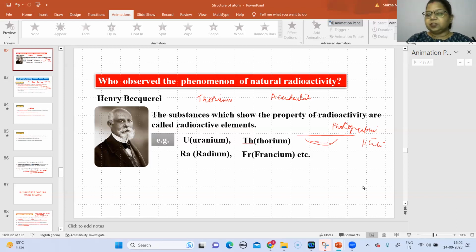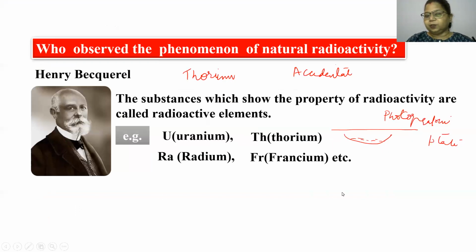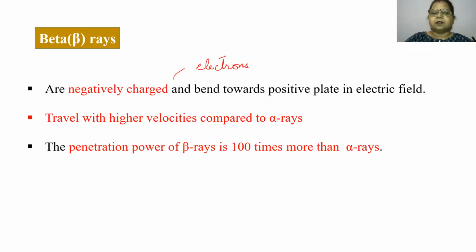They are found in nature: uranium, thorium, radium, and francium. You must have studied the periodic classification in school by now, so you must know where they are found in the periodic table. So he could have used uranium or thorium. I was looking for that answer, right?